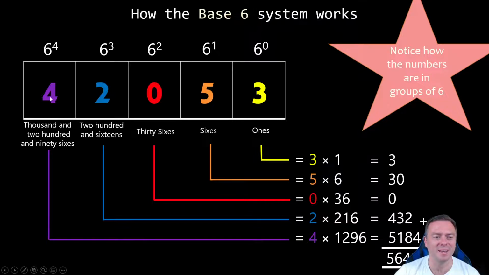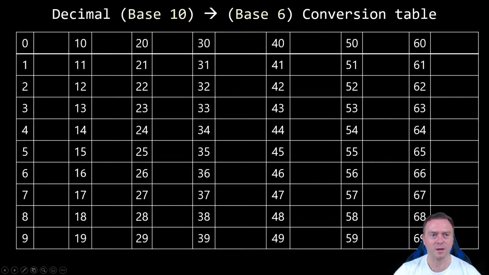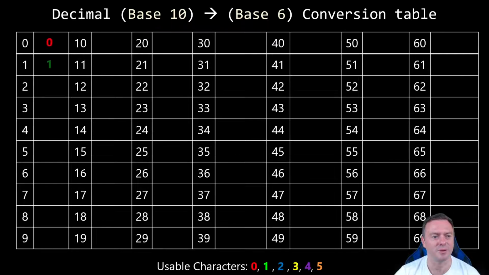What you should notice is this number, 4,2053, is larger in its length than this 5,649, but they mean exactly the same thing. This is the base 6 representation, if you only had 6 characters to work with, of our normal number of 5,649. Okay. So when we look at the conversion table going from base 10 to base 6, this is what it would look like. It would go 0, 1, 2, 3, 4, 5 as normal.